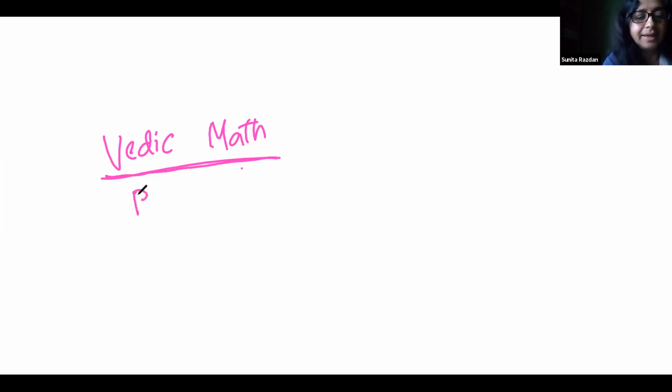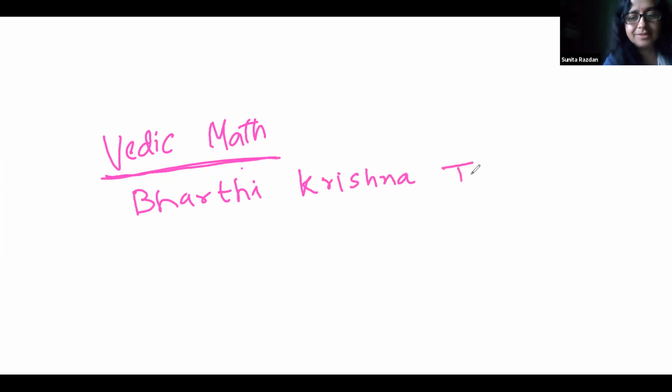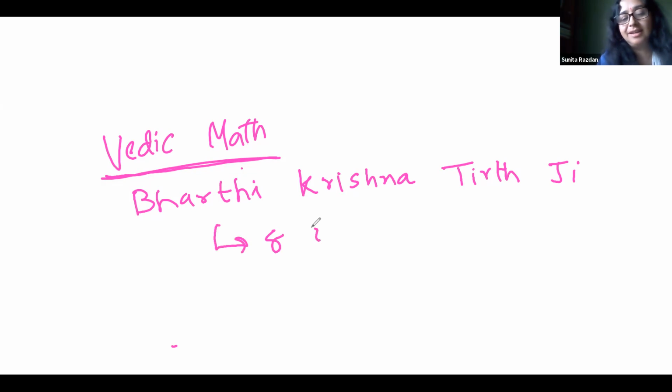Then a scholar, his name was Bharati Krishna Tirathji. He was a great mathematician. He read the Vedas deeply for 8 years.